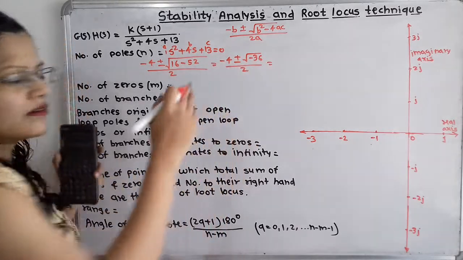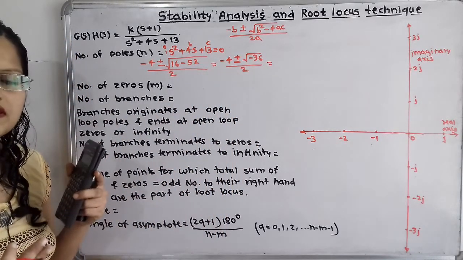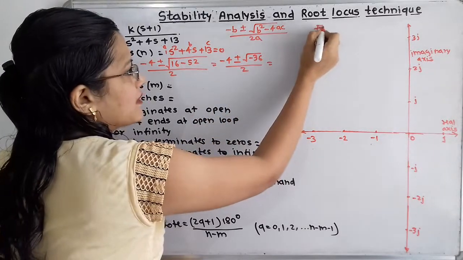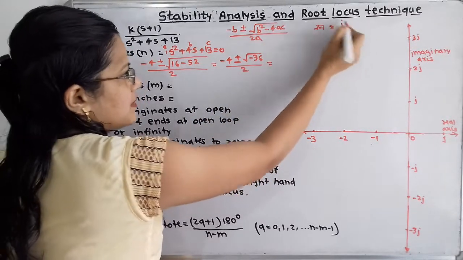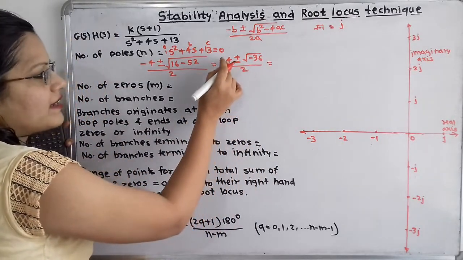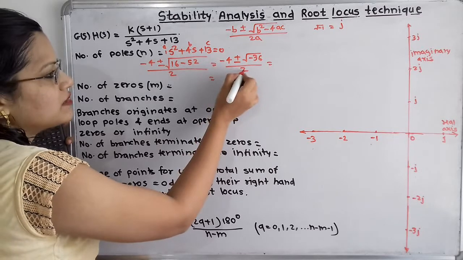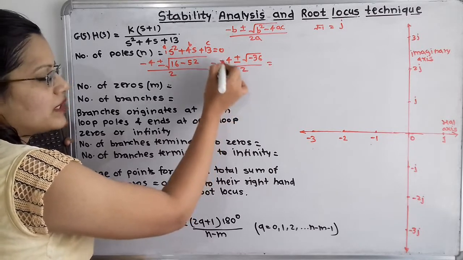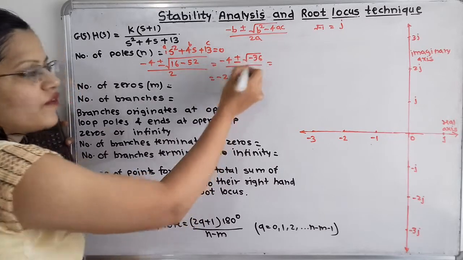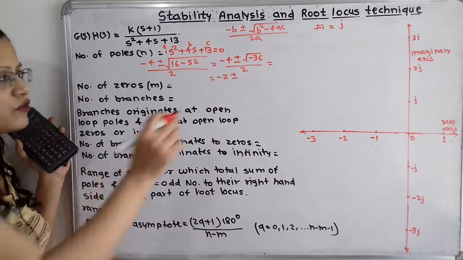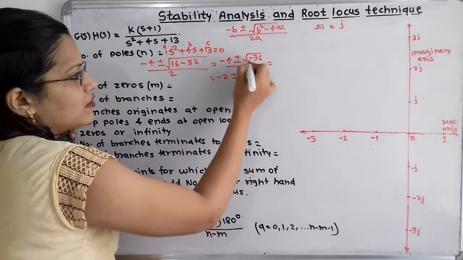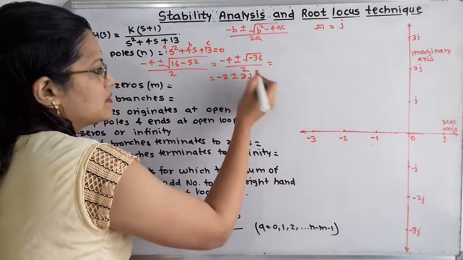I will take under root of 36 multiplied by under root of minus 1, and under root of minus 1 is nothing but j. So the next step is we have to take divided by 2 also, that is 4 divided by 2, that is minus 2 plus minus. Now under root of 36, that is 6, divided by 2, that is 3, and under root of minus 1 is nothing but j.